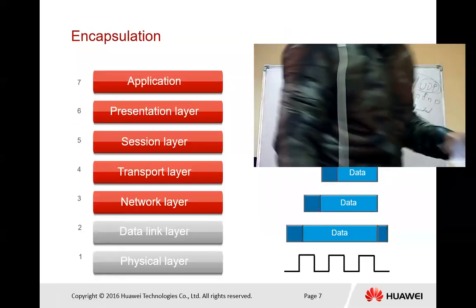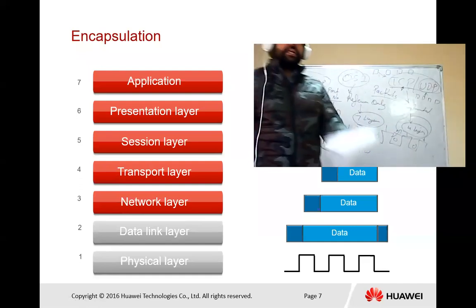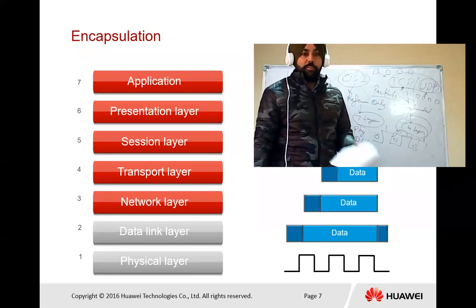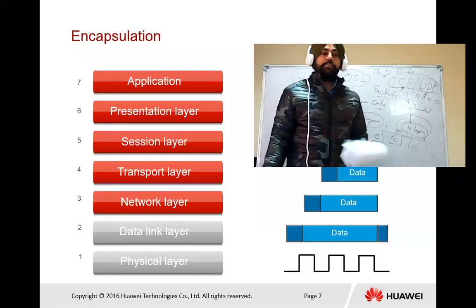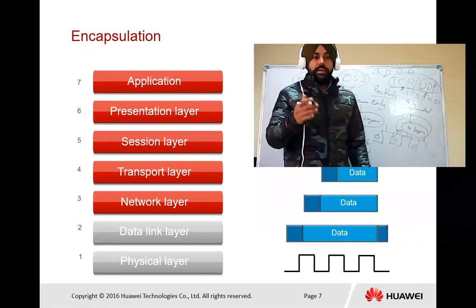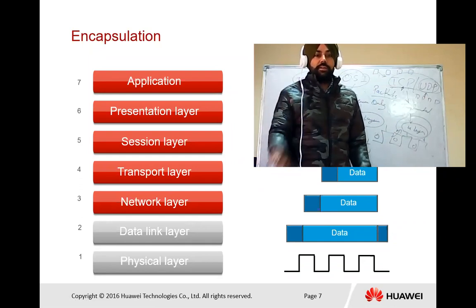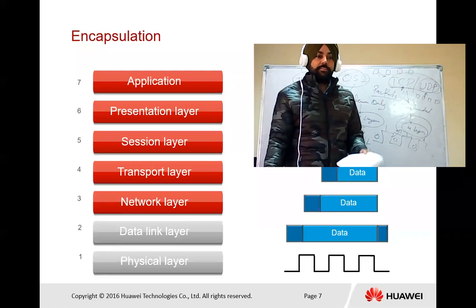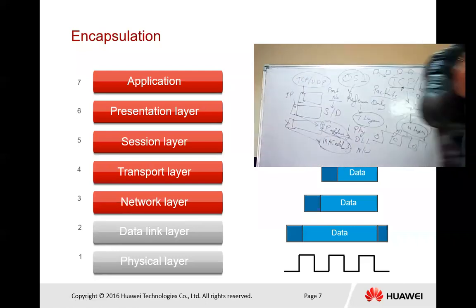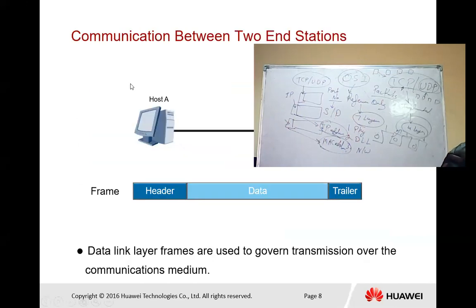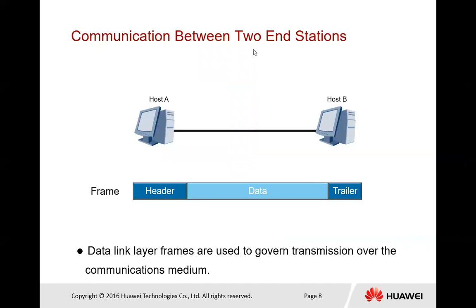I think the de-encapsulation slide is missing, but de-encapsulation works opposite to the encapsulation part. Encapsulation works from top to bottom, and de-encapsulation works from the bottom up. After that we have end-to-end communication.